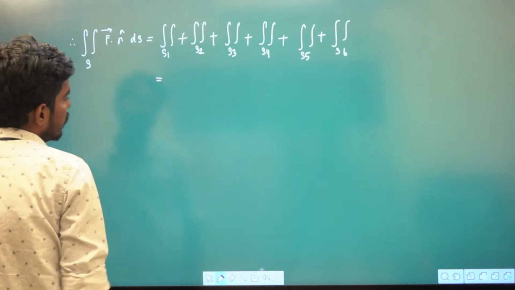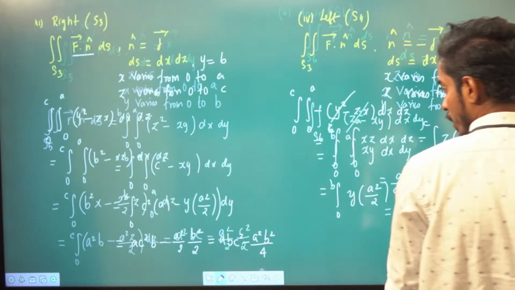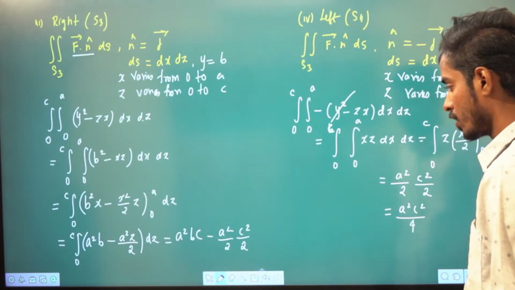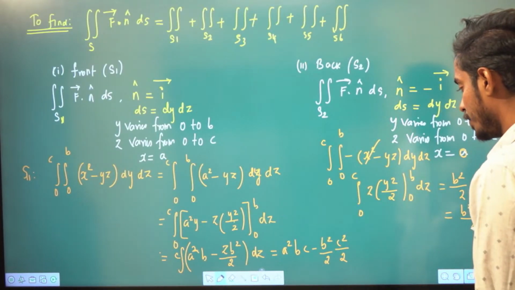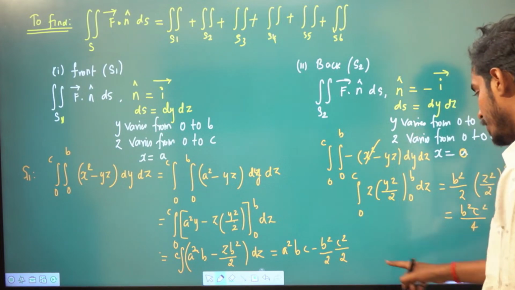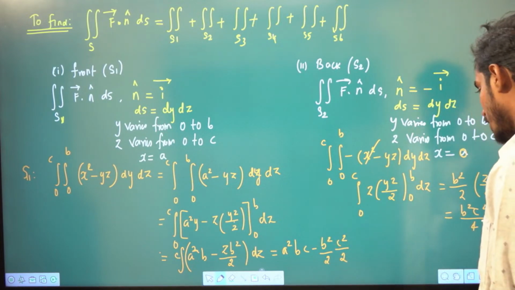So we have found all the answers, and for s1 it is a square bc minus b square c square by 4.